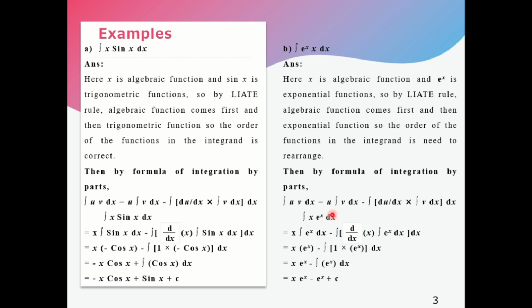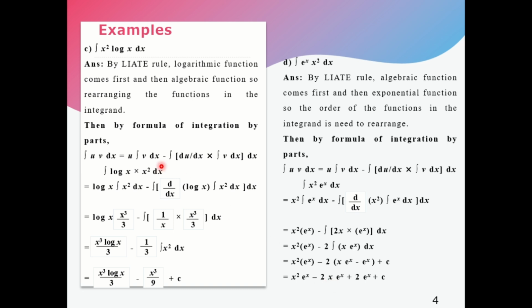Integration x e raised to x dx: x into integration of e raised to x dx minus integration of derivative of x with respect to x into integration of e raised to x dx, whole integration with respect to x. x into integration of e raised to x, which is e raised to x, minus integration of derivative of x, which is 1, into integration of e raised to x, which is e raised to x. x e raised to x minus integration of e raised to x dx. Okay, x e raised to x minus e raised to x plus c.